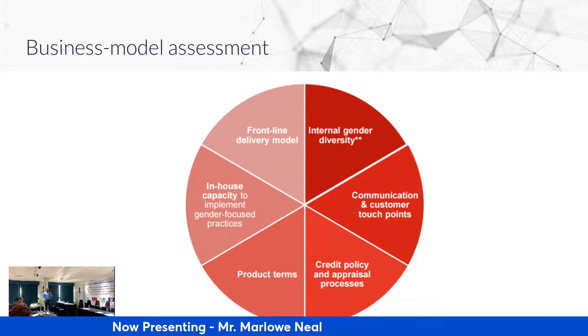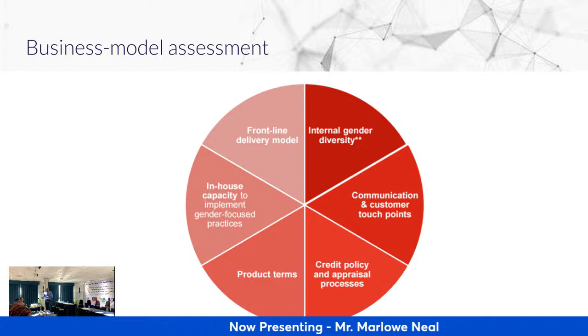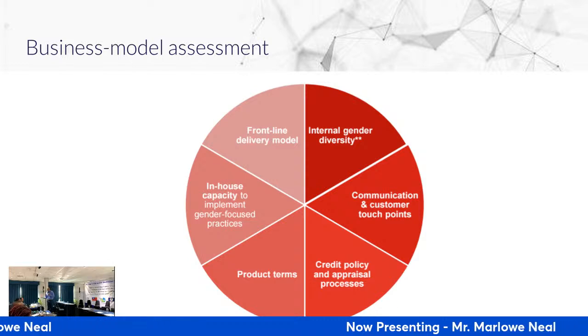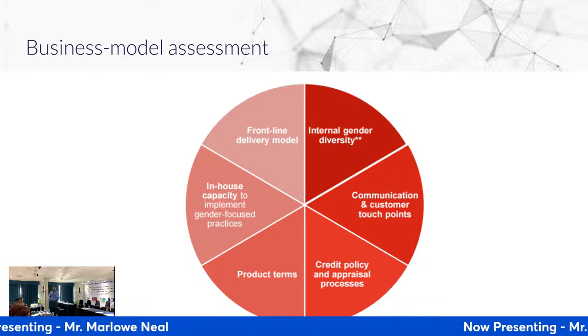So, communication and customer touch points. We saw yesterday from the insights from the study in Turkey that women, compared to men, the key insight was that relationships are important to women when it comes to financial services, much more so than men. We also noticed that women have a unique relationship with time relative to men.